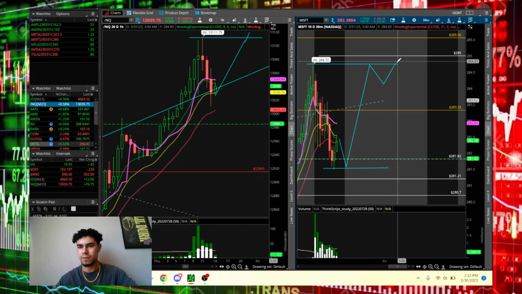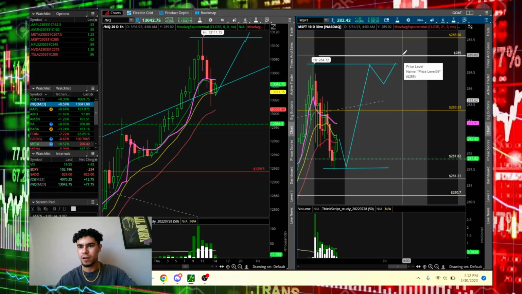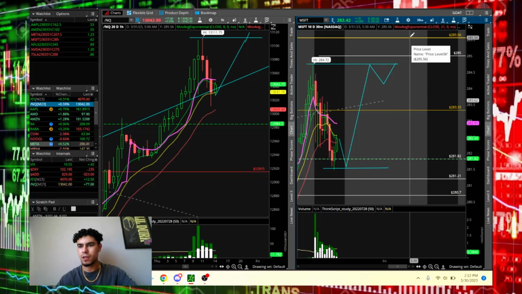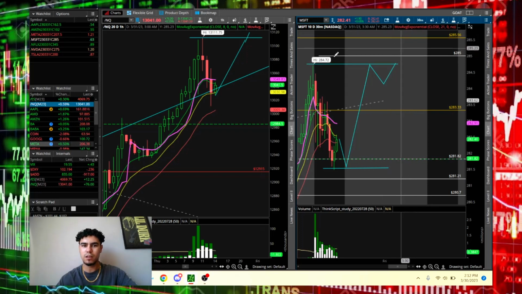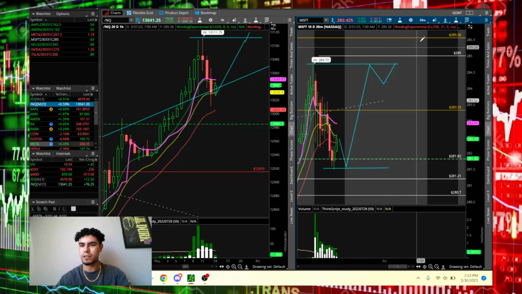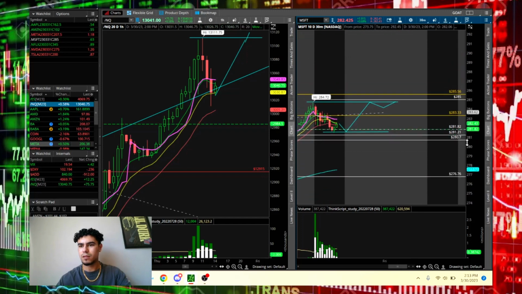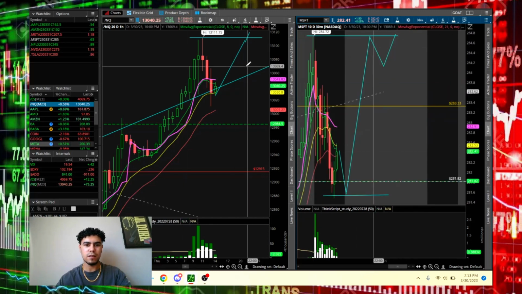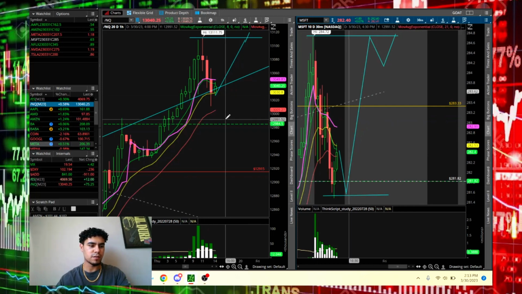So you can take this 184.75 into 285 with the profit target at 285.50. You could scale out here, scale out the rest here, some runners. But those are just some ideas of something that you can do. And this is the rest of the gap fill, so I don't really have anything charted after that. It's because I barely trade Microsoft.